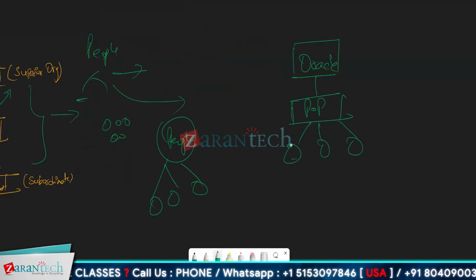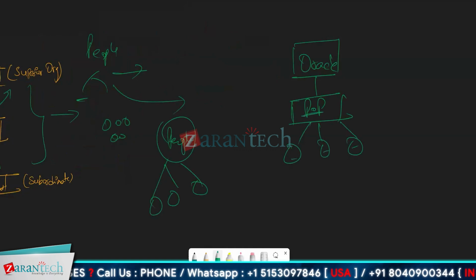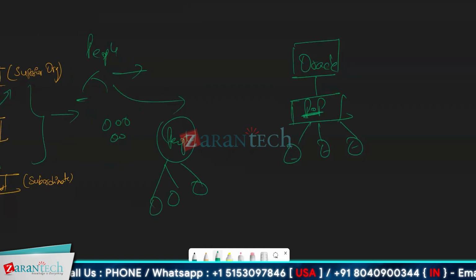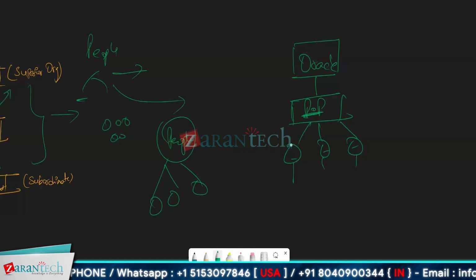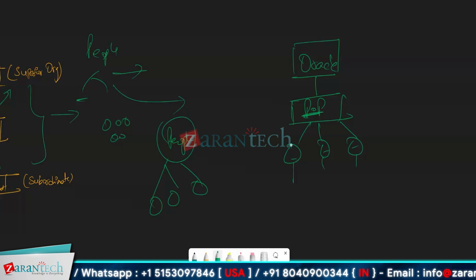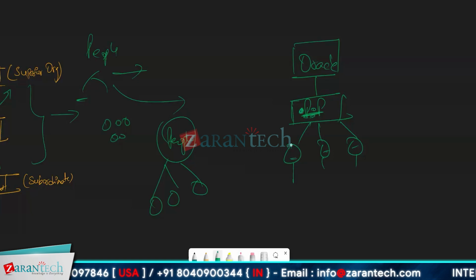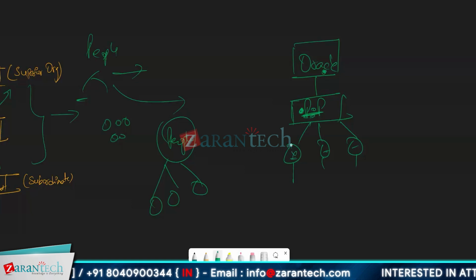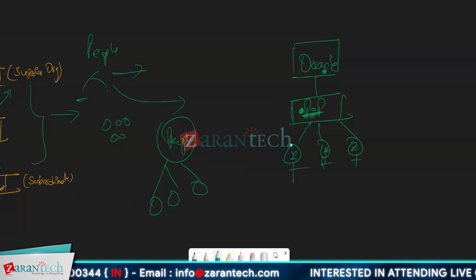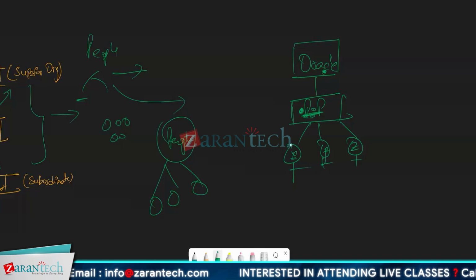For these companies, PeopleSoft is the superior org. These companies don't have any subordinates right now, so PeopleSoft is the superior org, and these companies are the subordinate orgs for PeopleSoft. For PeopleSoft, Oracle is the superior org, and these organizations are the subordinate orgs. Doesn't mean you understand, right?